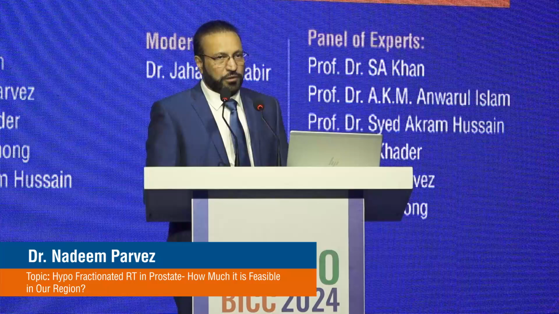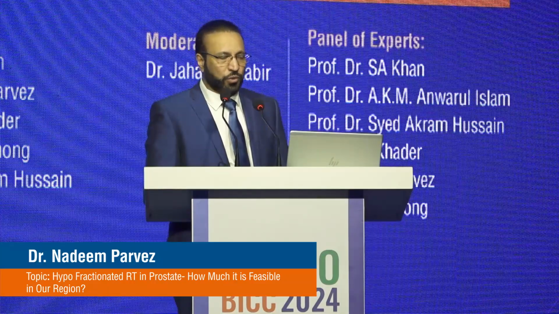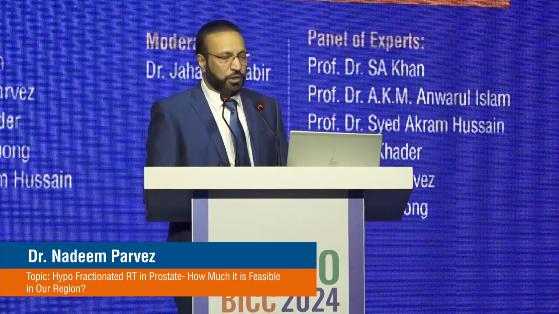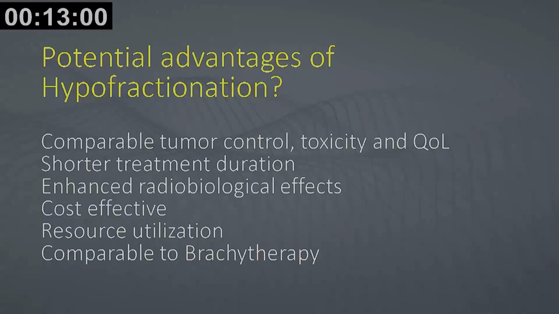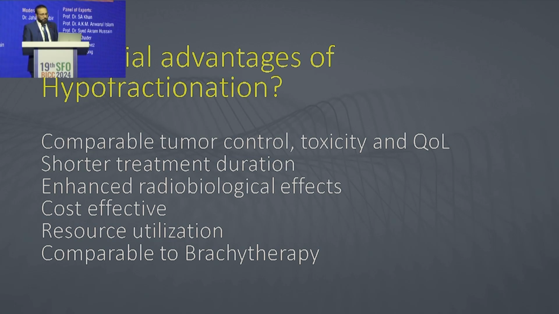It is cost effective because the total number of fractions is low, so the cost to the patient is lower. Even though the SBRT technique used for this purpose makes costs a little higher, the overall cost is still lower than moderate or standard dose per fraction. Then resource utilization: this is one of the challenges in our region, that machines are too busy and the number of patients is high. Imagine we are now treating 5 fractions of radiation versus 13 or 39 fractions.